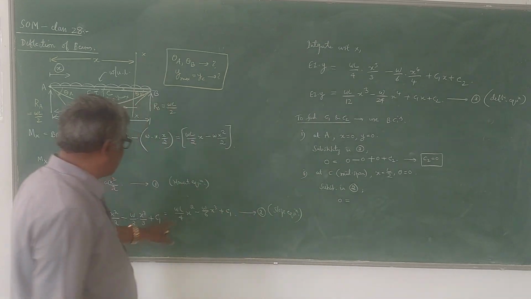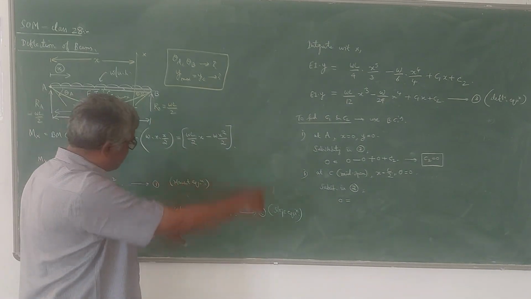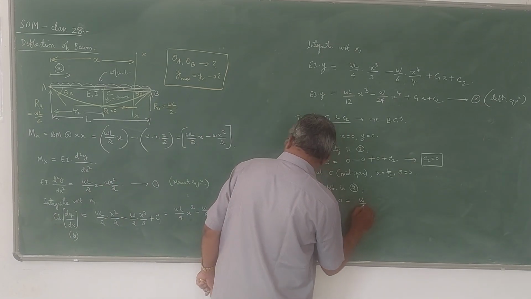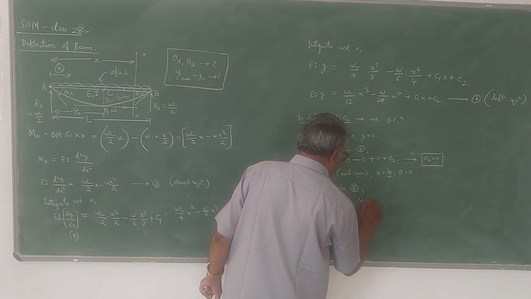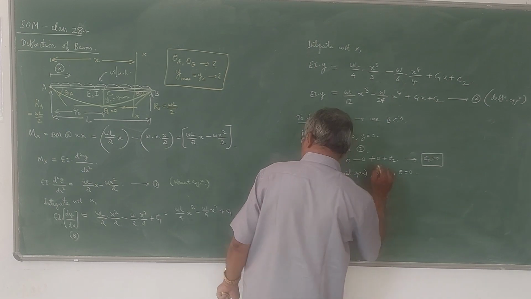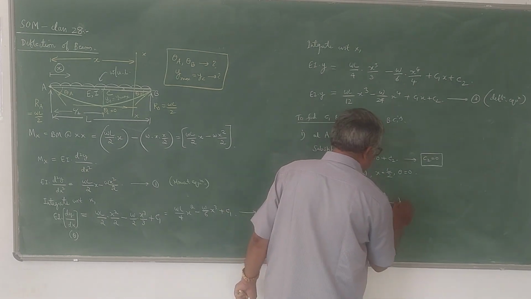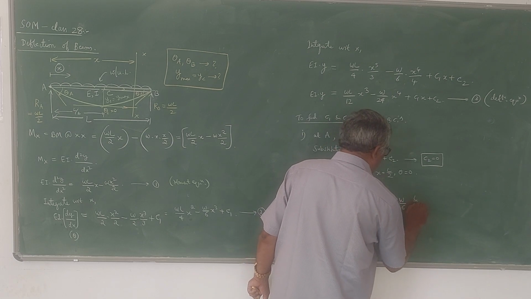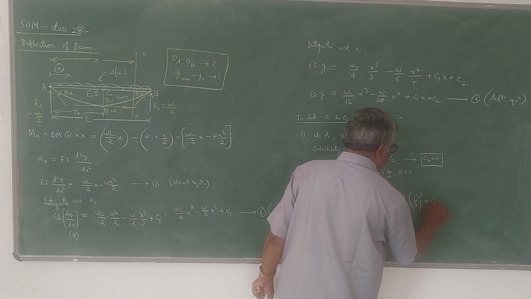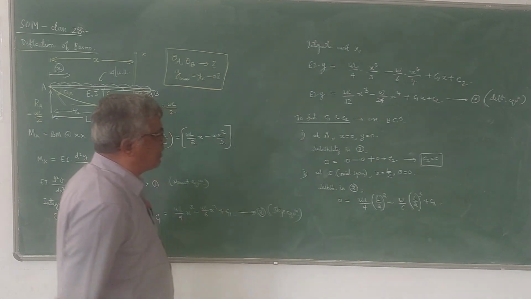On the RHS, wherever x is there, put L by 2. So WL by 4 into L by 2 square, minus W by 6 into L by 2 cube, plus C1.